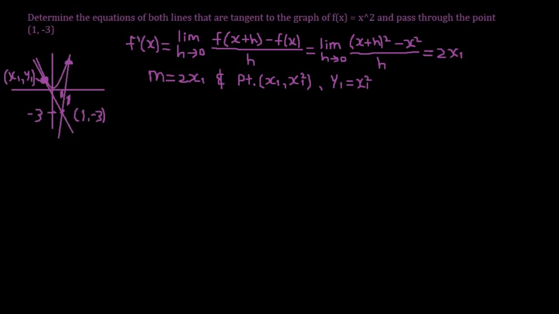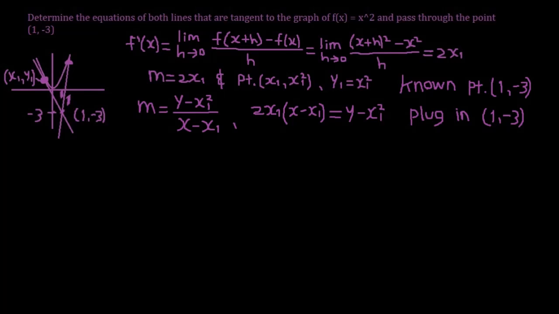So m equals 2x initial, and it also passes through a point on the parabola, x initial at x initial squared. So y initial equals x initial squared, and obviously we know there's a known point, which is (1, -3).